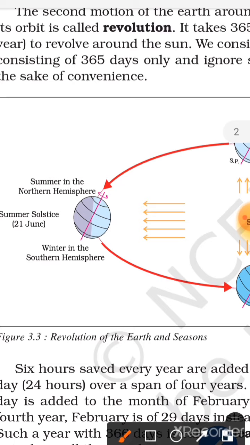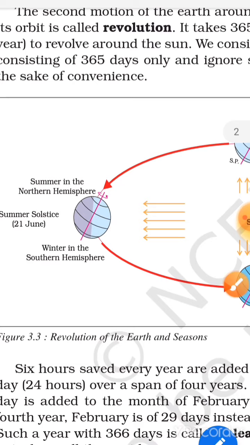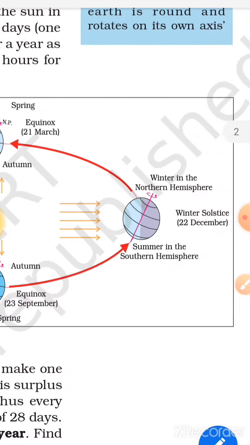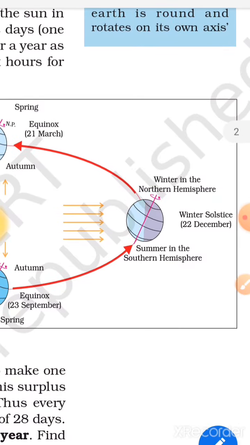So the longest night and the shortest day is present on the 21st June in the southern hemisphere, and they experience the winter season. And at the same time the northern hemisphere has the summer season.